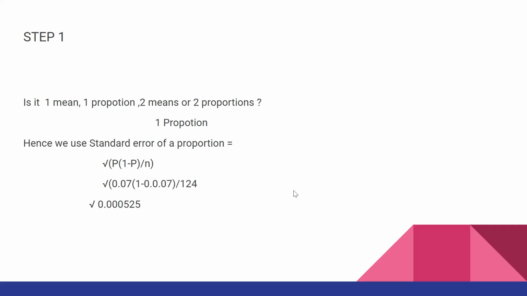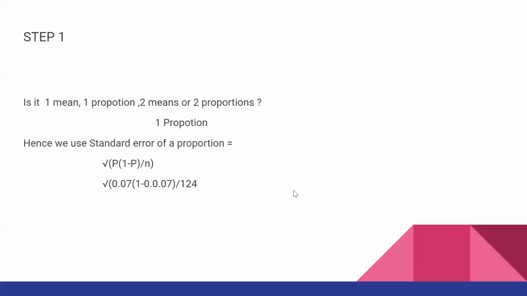From the proportion, you want to identify which standard error we're using. I've said if you're doing the Z test, you're using the population proportion standard error. So when you're using these values, you're using the values of P of the population. But when you're doing the confidence interval, the standard error will be of the sample, not the population.